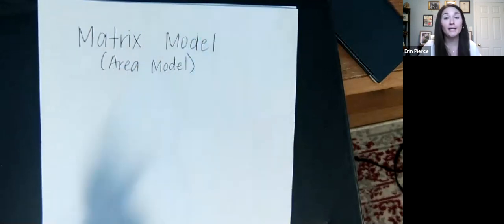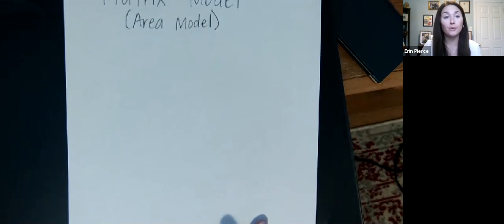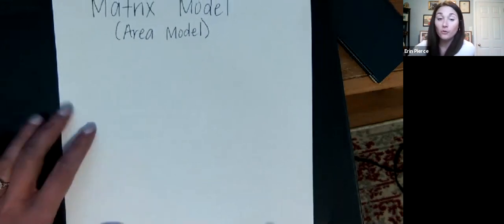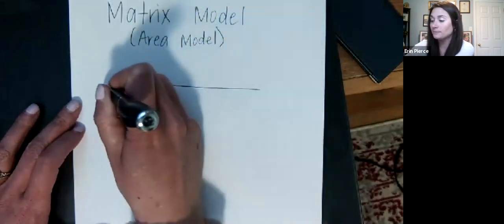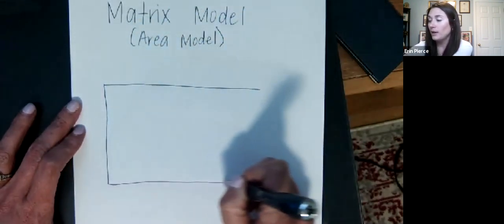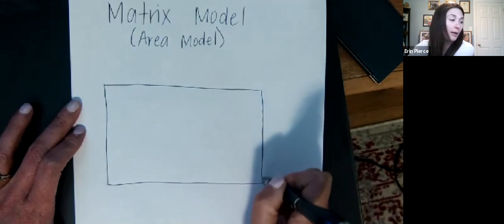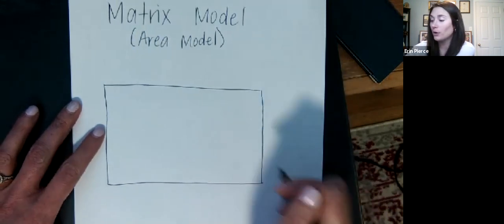This is for 2 by 2 digit numbers. So they're in the tens place and the tens place. That's as big as we're going to get for the matrix model. So what you have is a square, and it's split up into 4 parts.